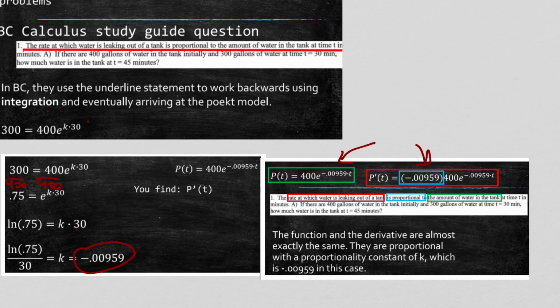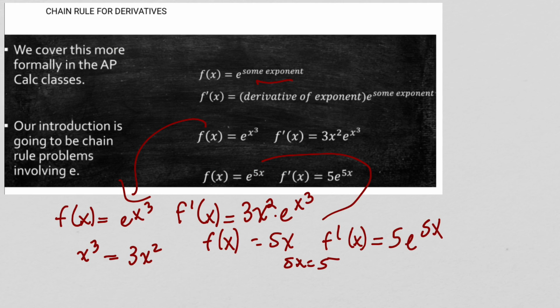They're proportional with a constant of k, which in this case is negative 0.00959. Don't stress too much about this. All you need to be able to do is find the derivative of these e functions, doing what that formula said from this previous page.